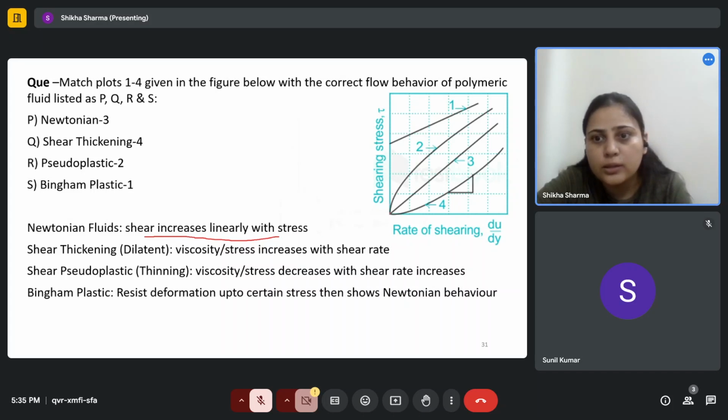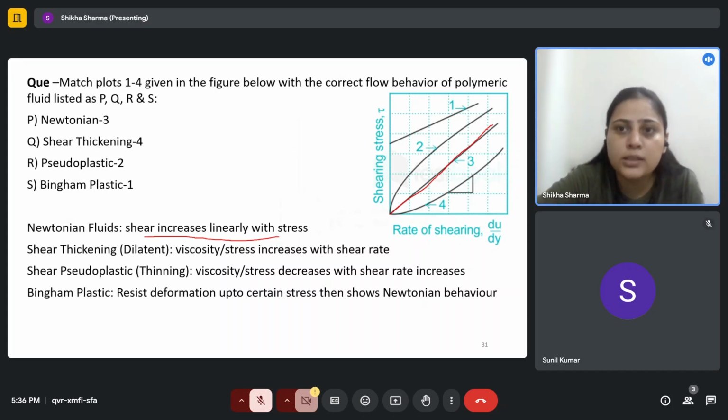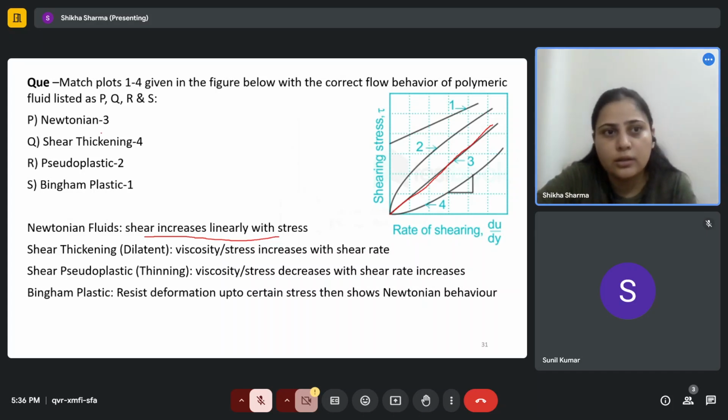This is line number 3, where the shear stress and the rate of shearing have a linear relation. When the shear rate is increasing, shear stress is also increasing, and when shear stress is increasing, shear rate is also increasing linearly, then it is Newtonian.